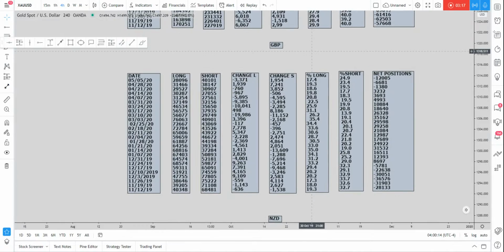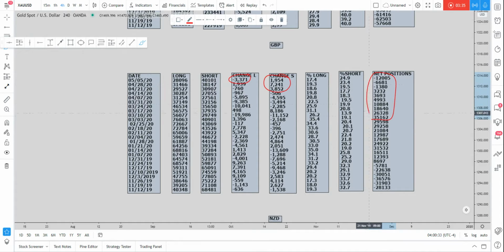Now, what we can see from a COT perspective is that with the last report, hedge funds have added another 1.9k short positions and closed 3,300 longs, bringing net positions even lower from 35k positive all the way down to minus 12k.